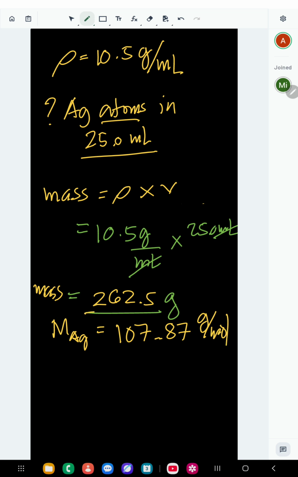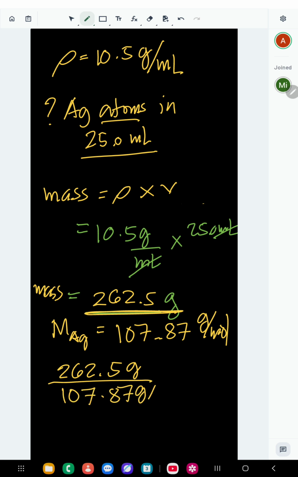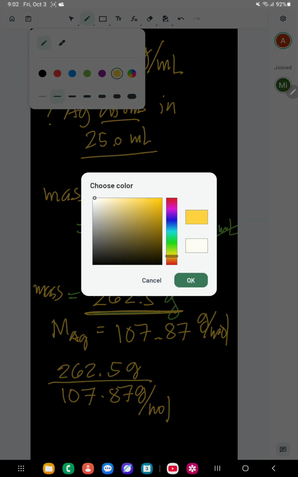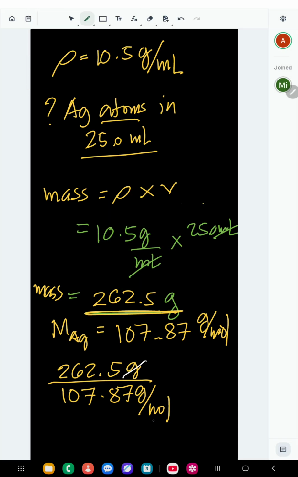Then we divide the mass that we just calculated, 262.5 grams, divided by 107.87 grams per mole to solve for the number of moles of silver. Grams cancel out, then we'll be left with moles.